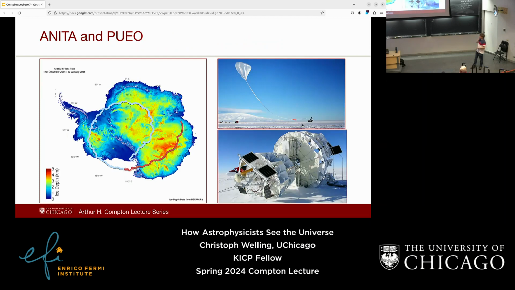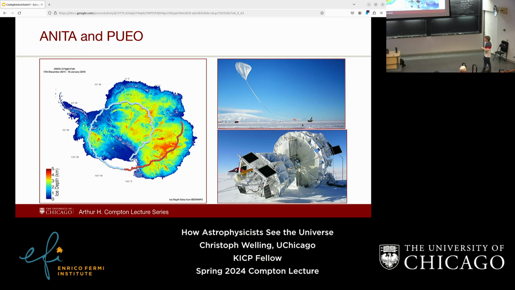And there's kind of a happy coincidence that allows us to do this, because Antarctica just generally is a really good place to have high altitude balloons. Because in the summer, you have this kind of wind pattern that, if you launch a balloon, is just going to go in a circle for a really long time. So that's why a lot of ballooning for weather observations, all that kind of stuff, happens in Antarctica. And it just happens to have a lot of ice.